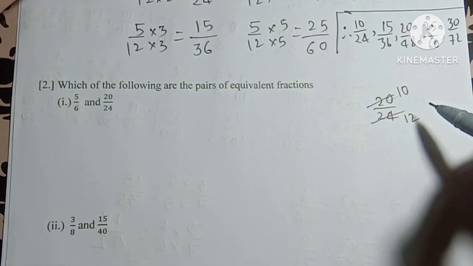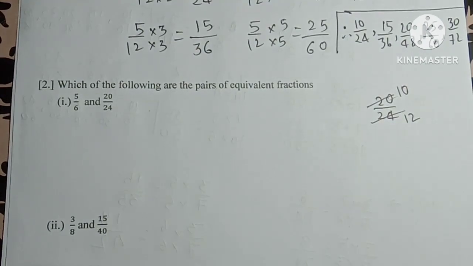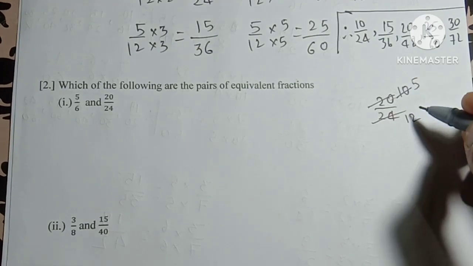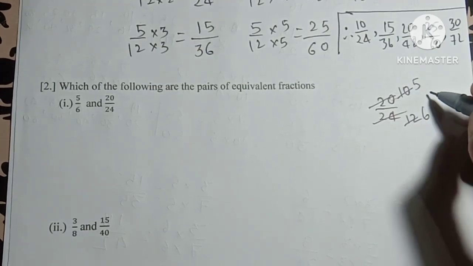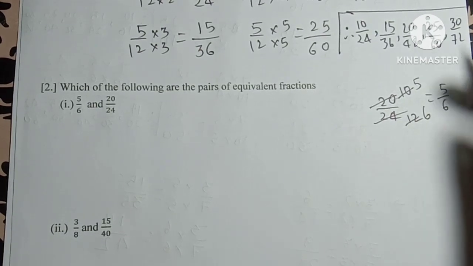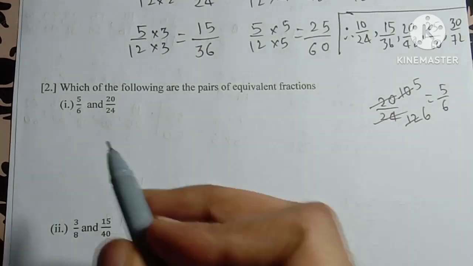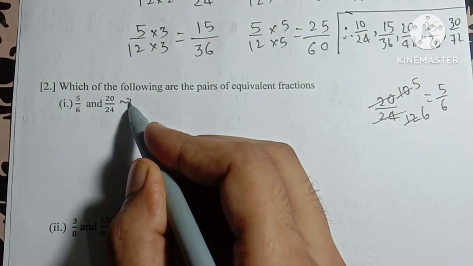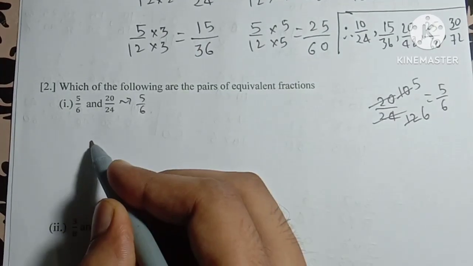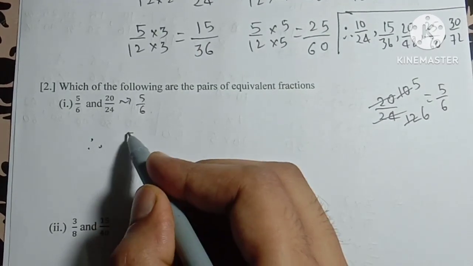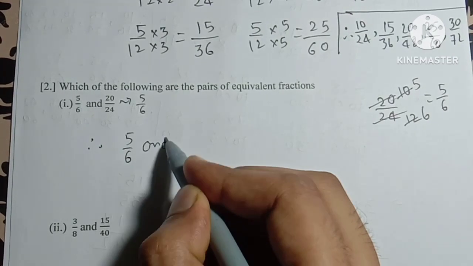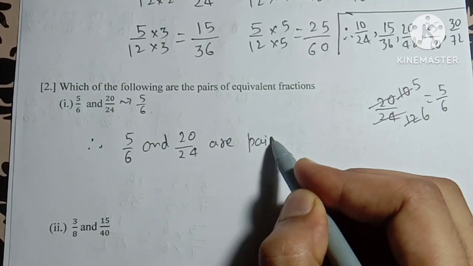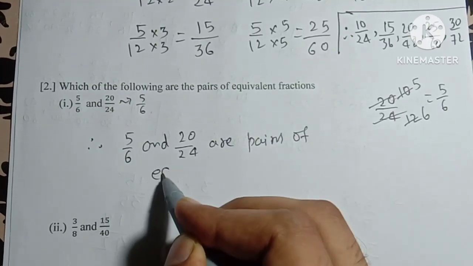Again, further we will divide by 2. So 5 in the numerator and 6 in the denominator. Now you can see it has come to the form of the first fraction. That is, this fraction is also 5 by 6. Here we can conclude that 5 by 6 and 20 by 24 are a pair of equivalent fractions.